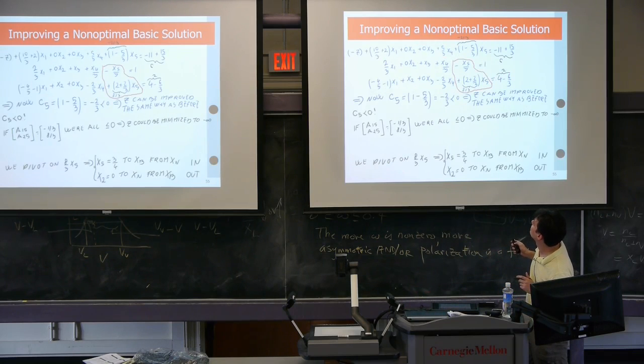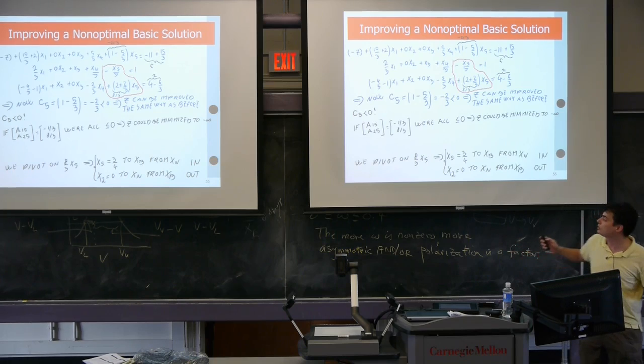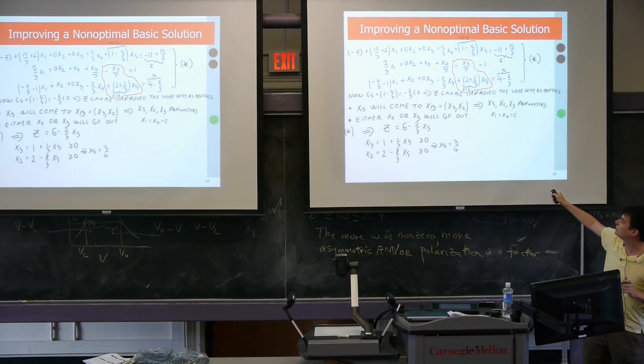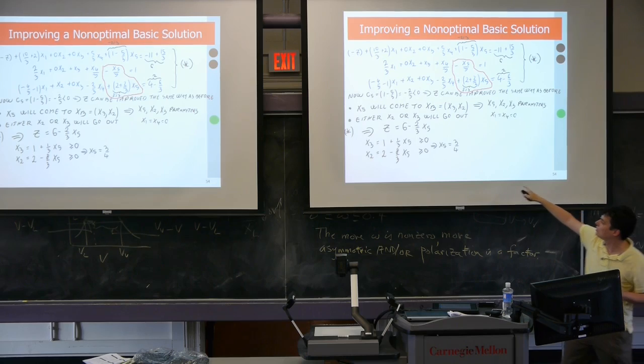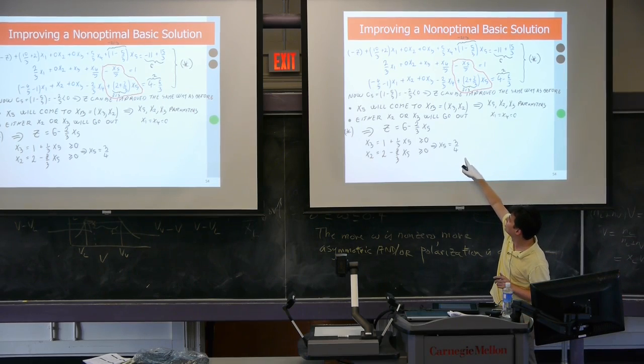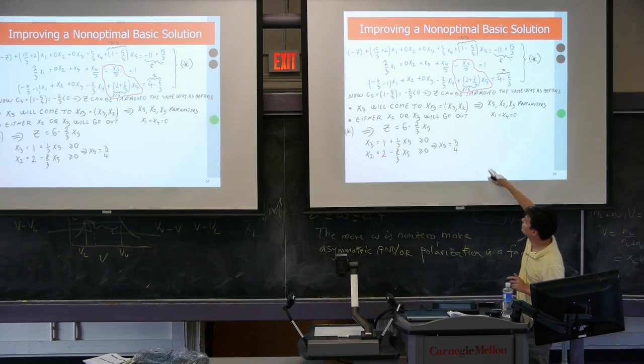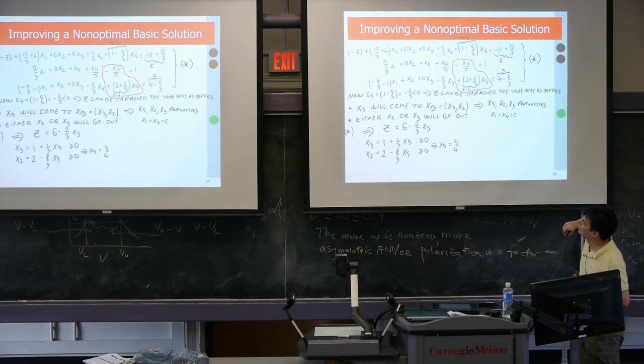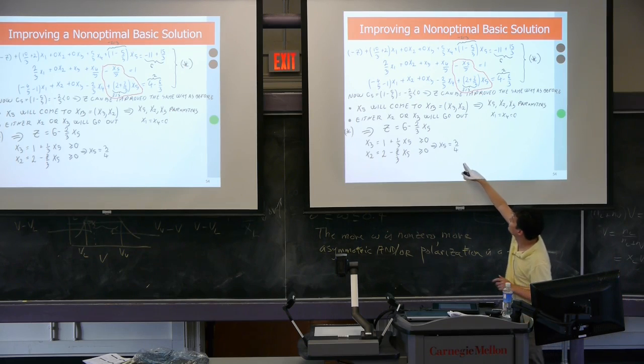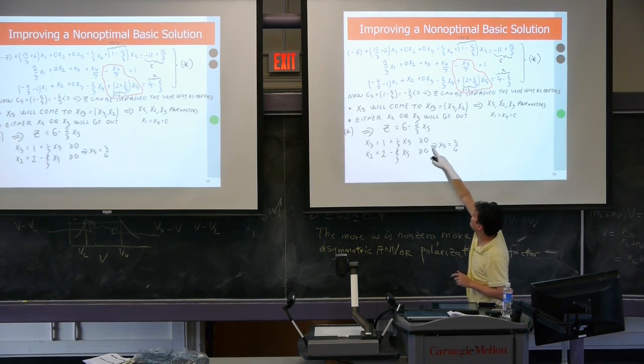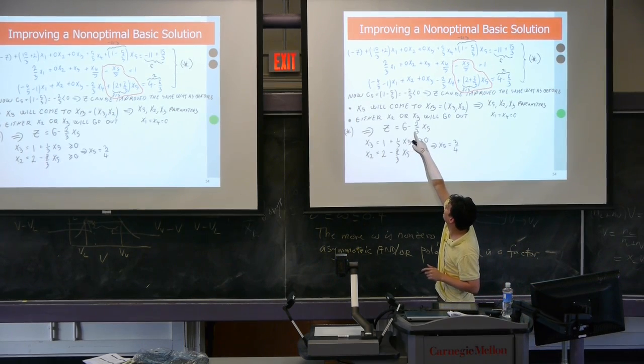What's the difference between these two? Can you repeat the question? Let me go back to the previous slide. Here in this case, the minimum is 11 over 2 if x5 equals 3 over 4. So if x5 is 3 over 4, then this value will be 6 minus 2 over 3 times 3 over 4.